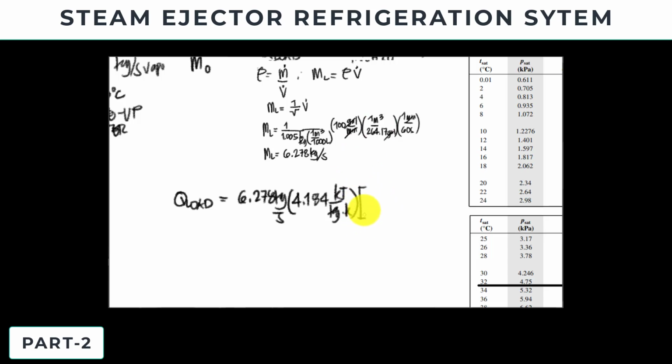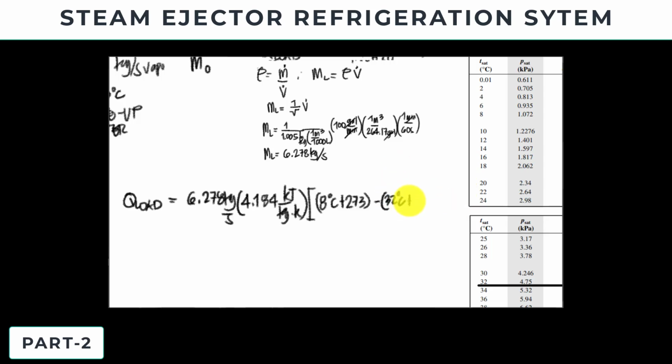So let me change this one to a bracket. That will be 8 degrees Celsius plus the 273 to make it absolute, then minus the initial, that will be 32 degrees Celsius plus the 273.